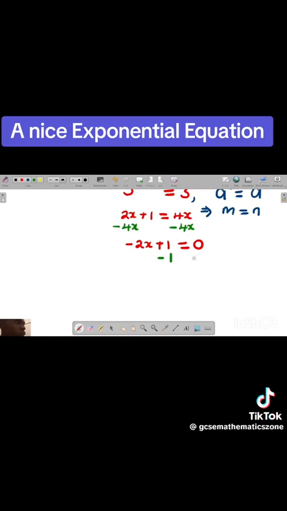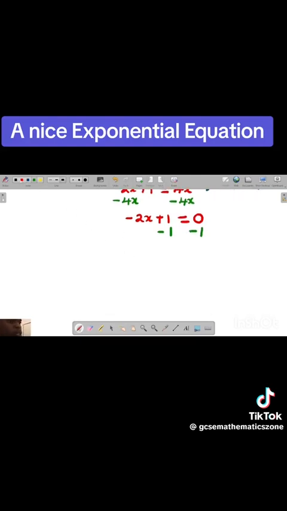What we've done on the left, we also do the same on the right. On this side, we're going to have negative 2x, and 0 is equal to 0 minus 1, which is negative 1.